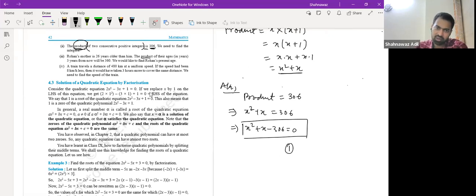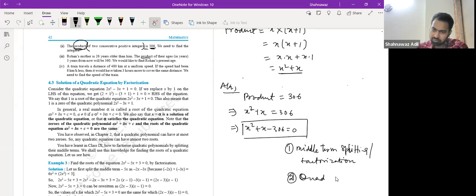One is factorization, which is also called middle term splitting, or we have the quadratic formula. This we will talk about later.